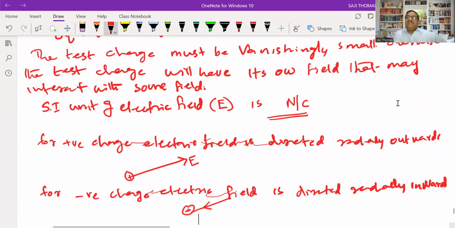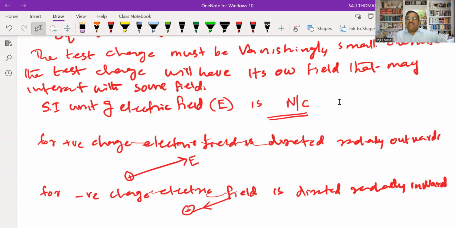So we learned what is electric field. For a common man, what is the meaning of electric field? It is a region around a charge where electrostatic force is experienced. How will you define it?